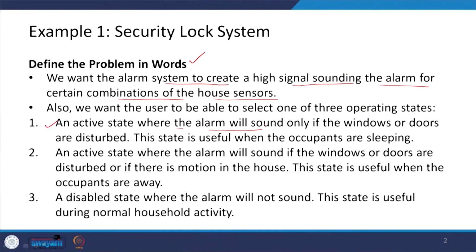The first state is an active state where the alarm will sound if the windows or doors are disturbed. This state is useful when the occupants are sleeping. The second state could be an active state where the alarm will sound if the windows or doors are disturbed or if there is motion in the house.